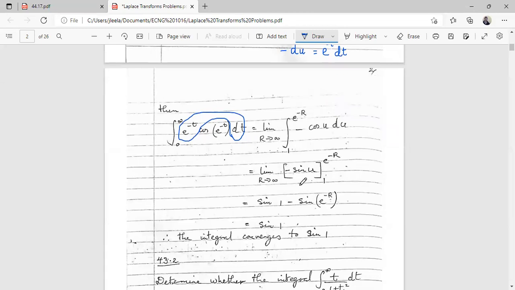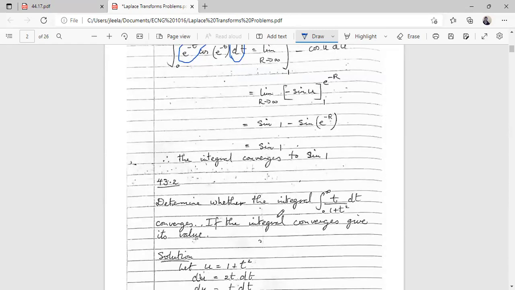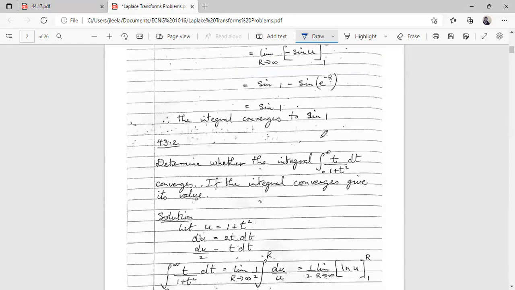So this term here, and you have a minus in front of it, so I put it on the right-hand side. And then you have the minus sine 1, so I put that in front here, plus sine 1. So this term here will approach 0. So the answer will just be sine 1. So the integral converges to sine 1. Sine 1 is a finite value, right?